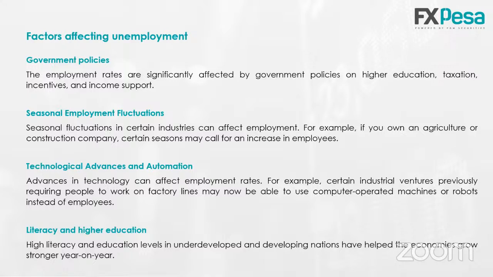So, for example, Kenya has high literacy rates, and that is why you'll tend to find that most people would migrate to other countries, and they'll be able to get gainful employment in other countries. And that is why you'll notice that one of the ways through which the economy is able to generate revenue is from the money that is repatriated back to the economy by the number of Kenyans who are working and living in other countries around the world.